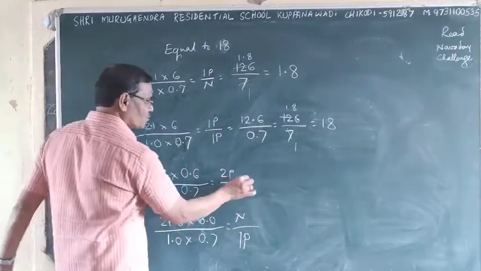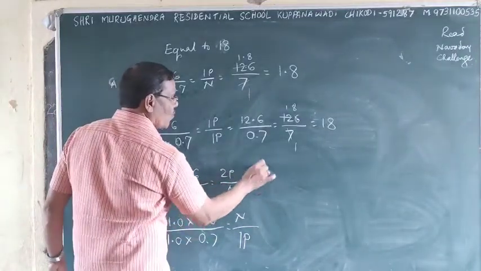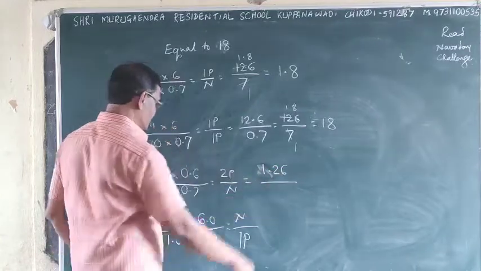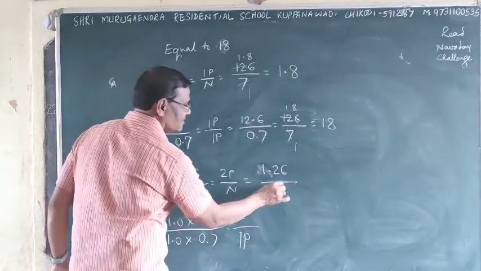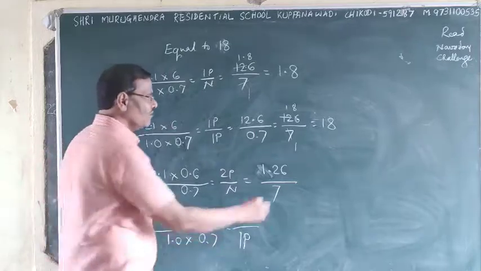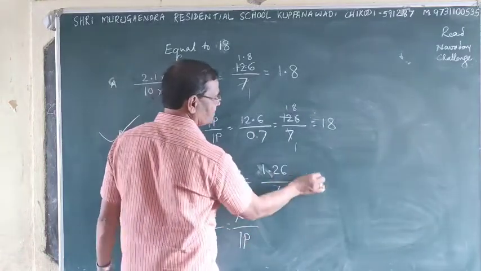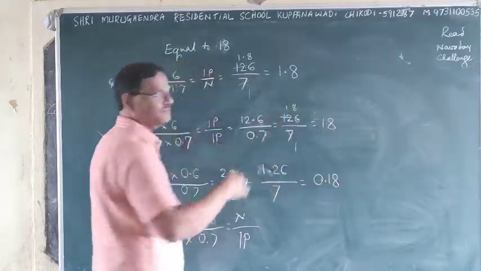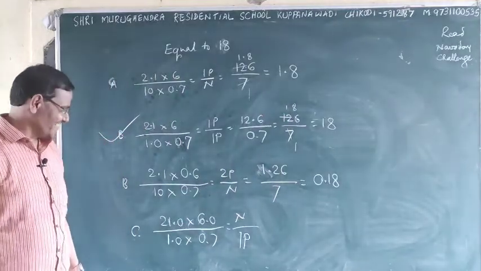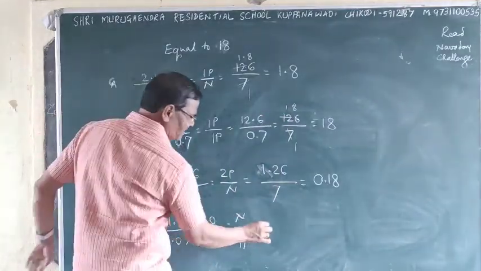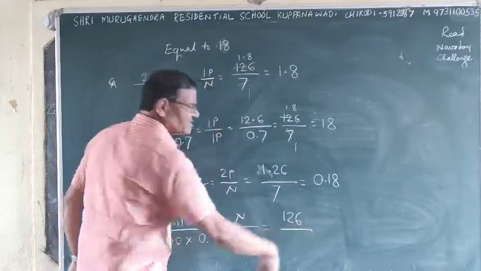And 2 places means what it is? Sorry, 1.26 it is, whereas here it is nothing means 7. Then what value comes? 0.18 comes. Isn't it? And here nothing means it is purely 126.